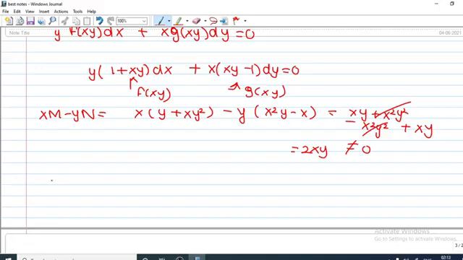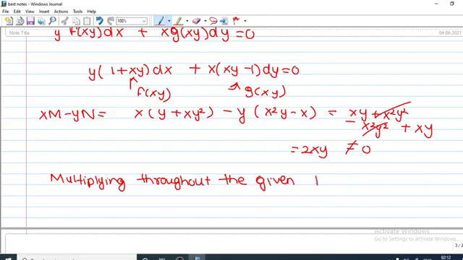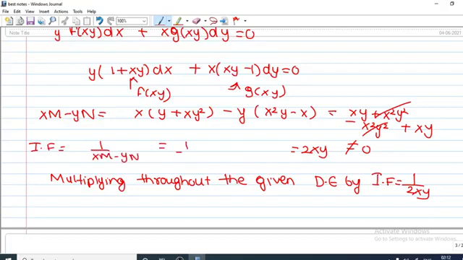Then what you have to do? I forgot to mention one step here. The integrating factor is equal to 1 upon xm minus yn, which will be nothing but 1 upon 2xy.